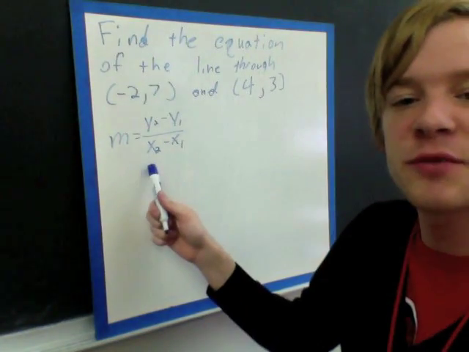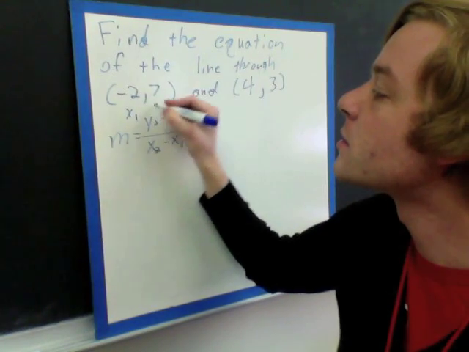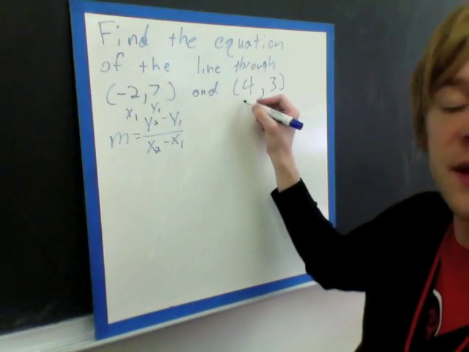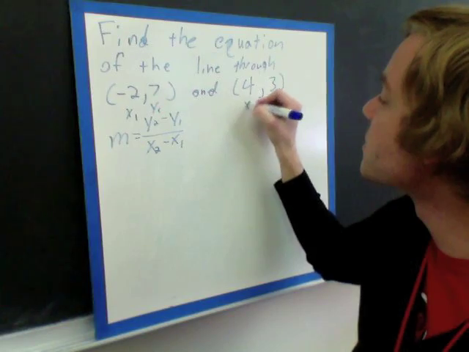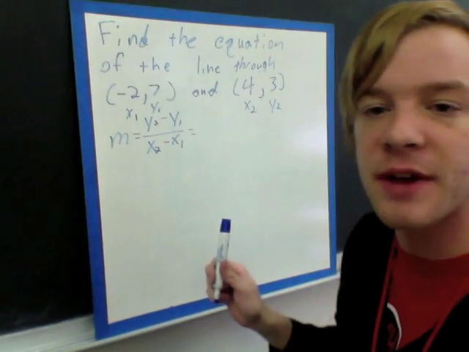So I have my formula for slope here. I'm going to label my points, x1, y1, and then x2, y2. I plug in my values into my formula.